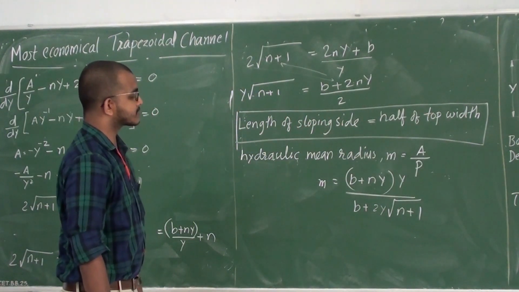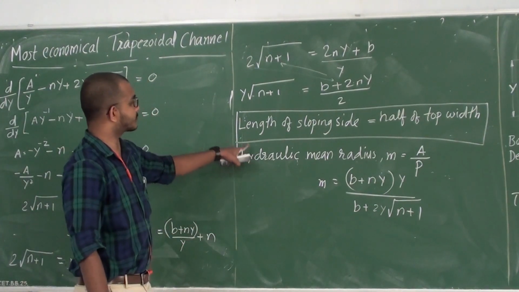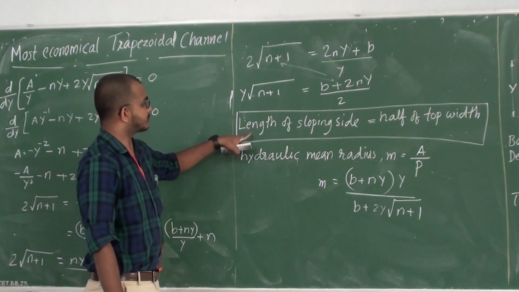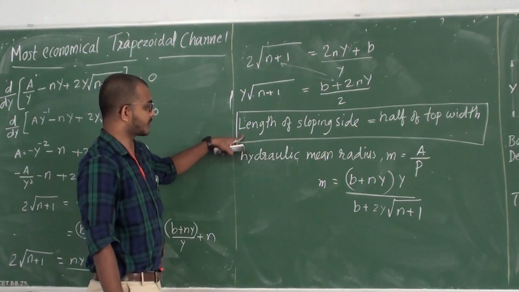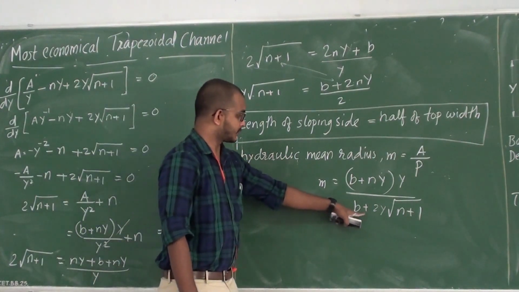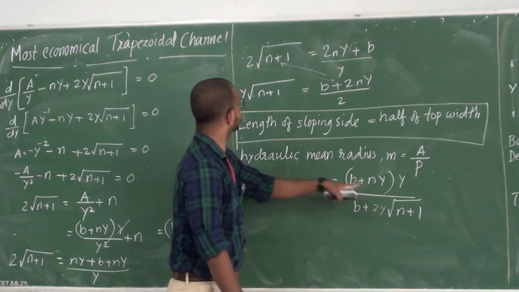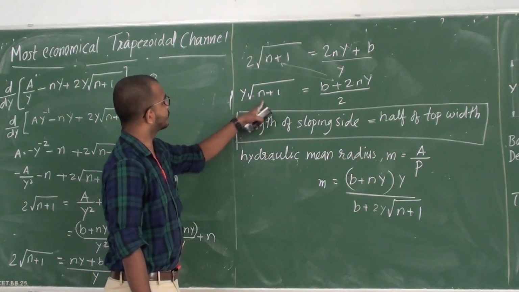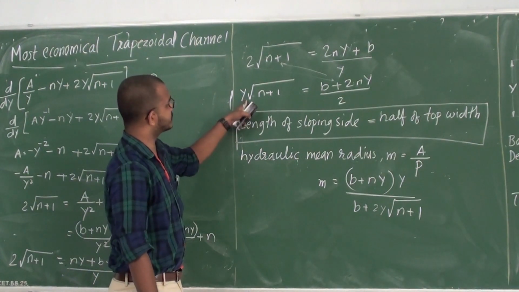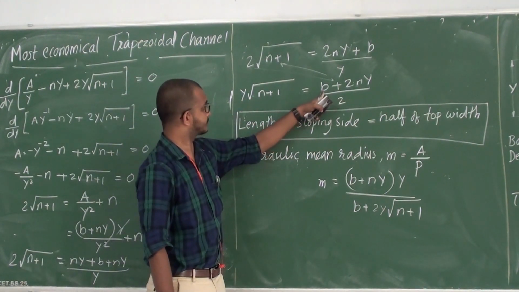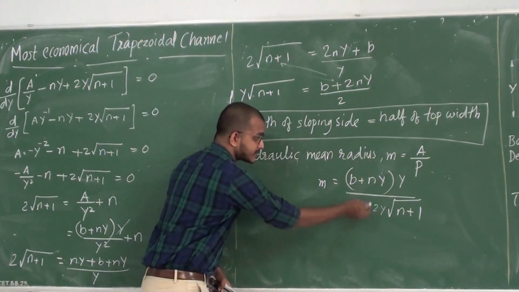Now let us substitute the condition for the trapezoidal channel section to be the most economical one here. 2y into square root of n squared plus 1 is b plus 2ny. So let us substitute this condition here.